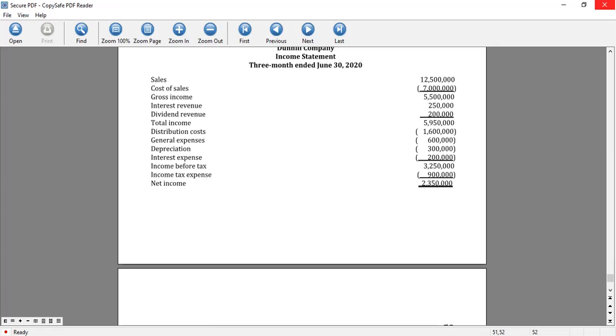Then we have depreciation of 700,000 minus 400,000. And we have the income tax expense of 900,000.